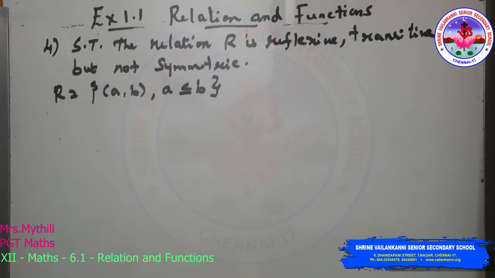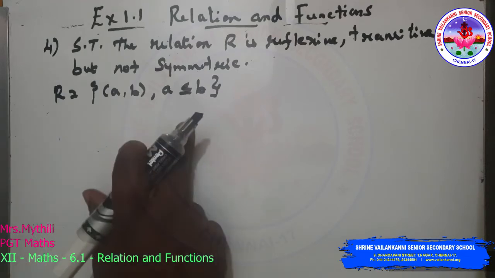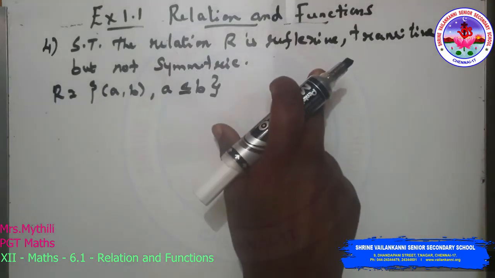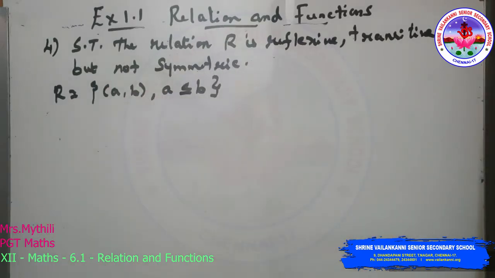Fourth one, show that the relation R defined as R = {(a, b) : a is less than or equal to b} is reflexive, transitive but not symmetric. First we have to check whether it is reflexive.